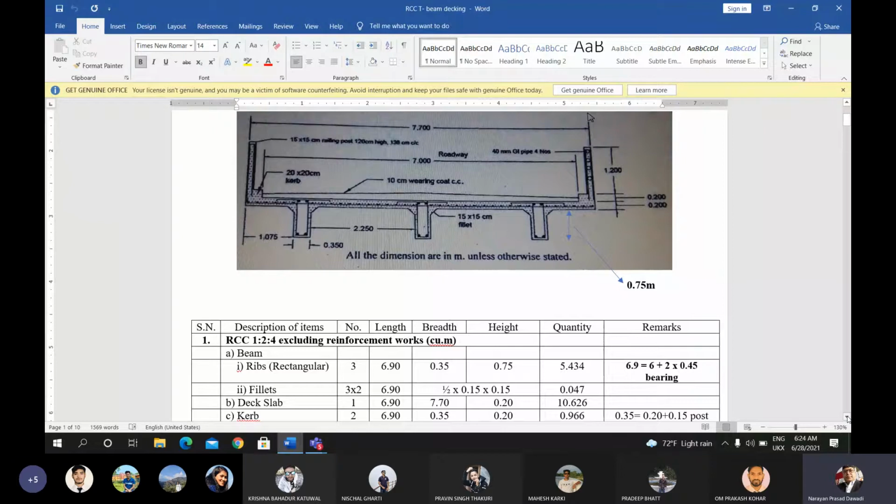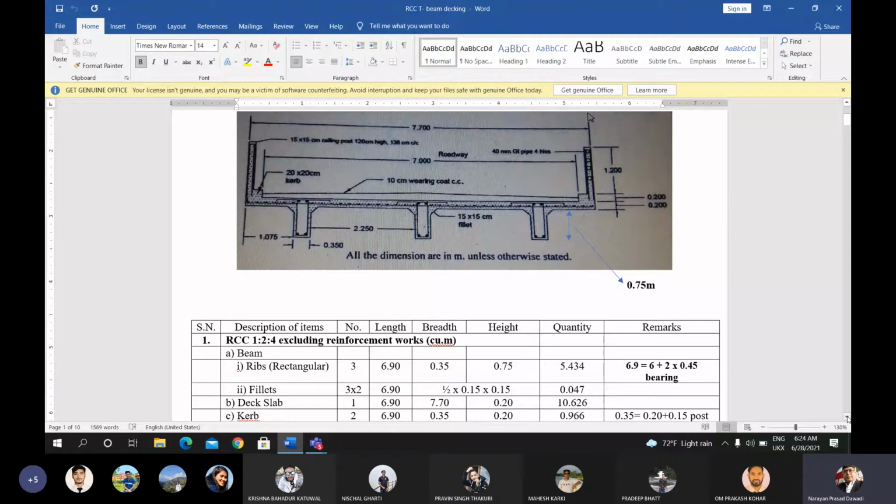In the question it is given in centimeter, so you convert the centimeter into meter. The area of each triangle will be half into 0.15 into 0.15. This cross-sectional area is multiplied by the length of the beam, and you will get the volume of the total fillet portion of the beam.